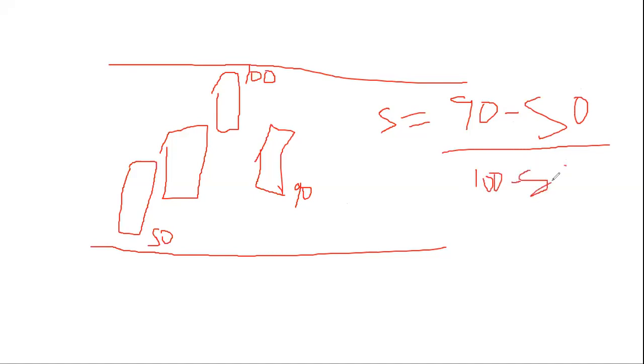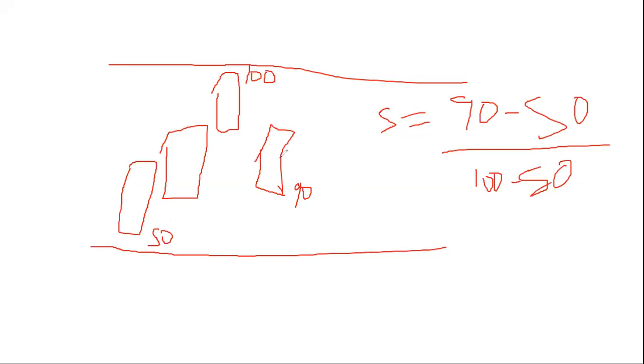Don't mind my handwriting, I'm not very good at that. Remember the formula I gave for calculating the momentum of any given coin at any point in time: it is the difference between the last bearish candle and the bottom. That's why we have 90 minus 50.